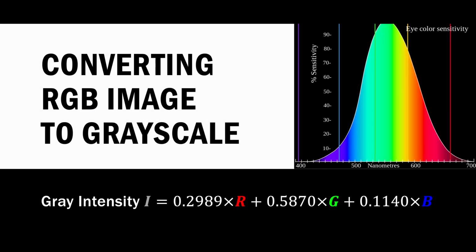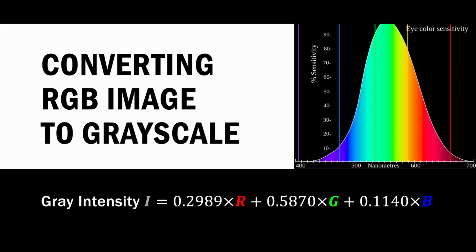This chart shows the sensitivity of the human eye to different wavelengths of light, typically measured in nanometers. You can see that the peak of human visual sensitivity lies around the green portion of the spectrum, near 555 nanometers. This means our eyes detect green light more effectively than either red or blue.